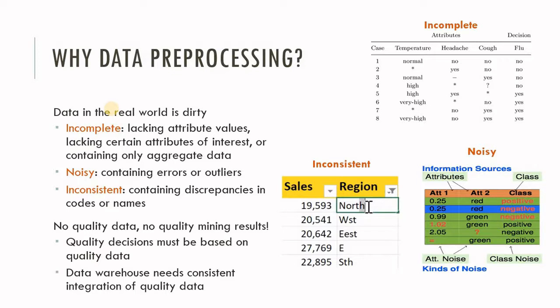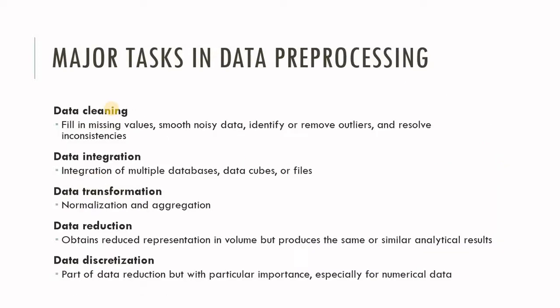Quality decisions must be based on quality data, and a data warehouse needs a consistent integration of quality data. Without quality data, we cannot reach consistent or relevant knowledge. That is why we perform the data pre-processing task.